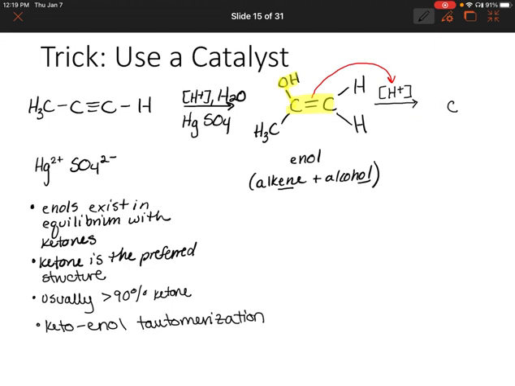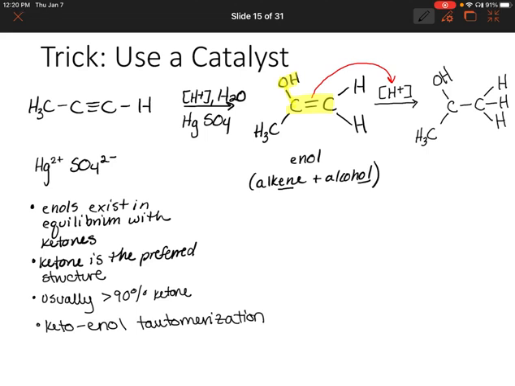And then we're going to end up with that hydrogen on the less substituted carbon. So again, this is Markovnikov addition. And OH remains on the more substituted carbon, but that more substituted carbon lost an electron when the double bond formed a new bond with hydrogen.